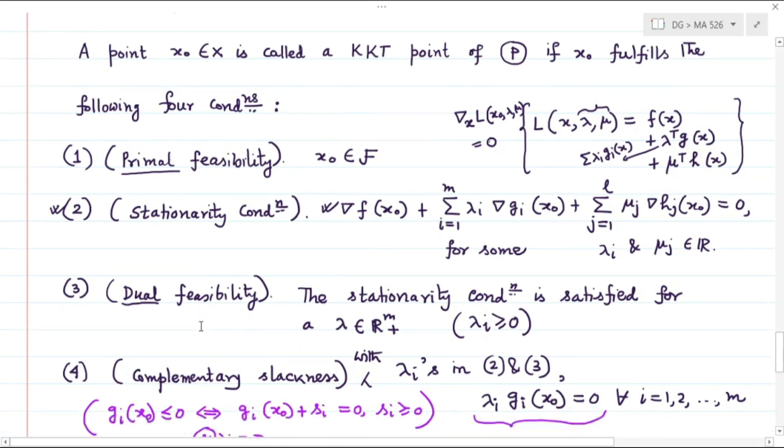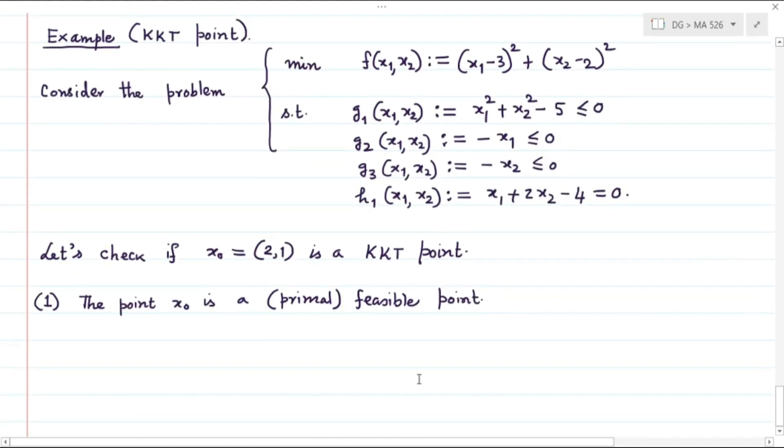Fine. Here we emphasize that the point x0 is a primal feasible point. Then the second condition is about stationarity. For stationarity we identify at first the index set, the active set. The active set A(x0) is the set of all i for which gi(x0) is equal to 0.